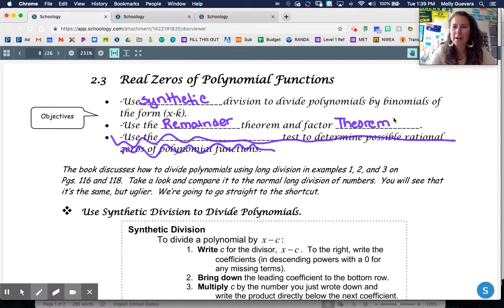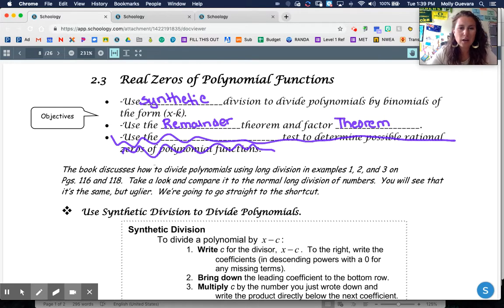We can evaluate large polynomials by using the remainder theorem, and we can figure out if something is a factor by using the factor theorem.